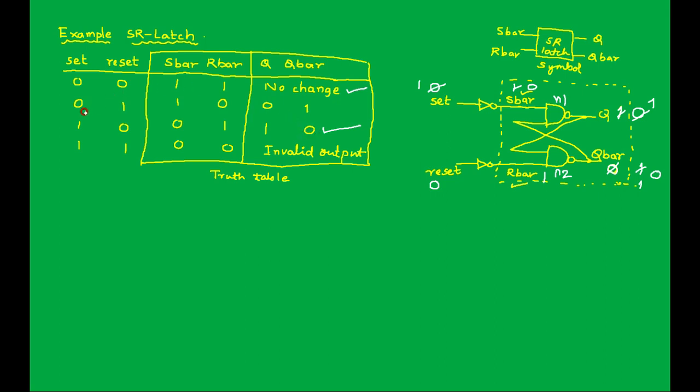Similarly, you can analyze when set is 0 and reset value is 1. In that case, S bar will become 1 and R bar will become 0. Assume the previous output is 1, 0 only.